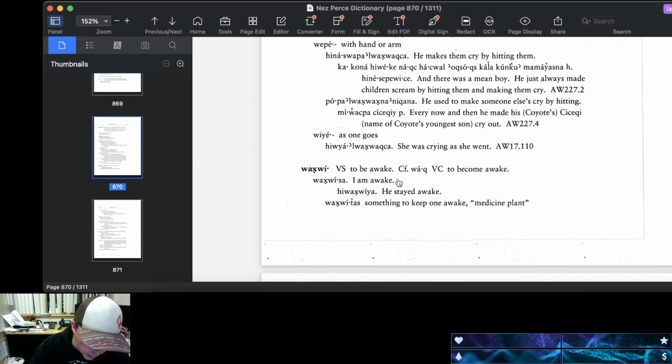Wachwi, to be awake. And this was the one that I picked right here, wachwisa. The assignment was for somebody to just come up with a simple translation. And this is what I was looking for here, somebody to say, I am awake. So you can see we have the verb stem here, wachwi.